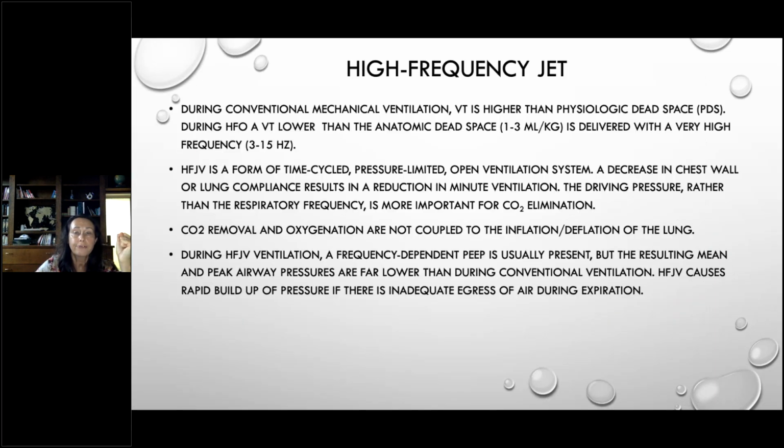The difference between the high frequency jet and the conventional mechanical ventilation is drastic. In the conventional mechanical ventilation, we're delivering the tidal volume that is higher than the physiologic dead space. During the high frequency jet, we are delivering tidal volumes that are so low that they are much smaller than anatomic dead space, and it is delivered at a very high frequency.